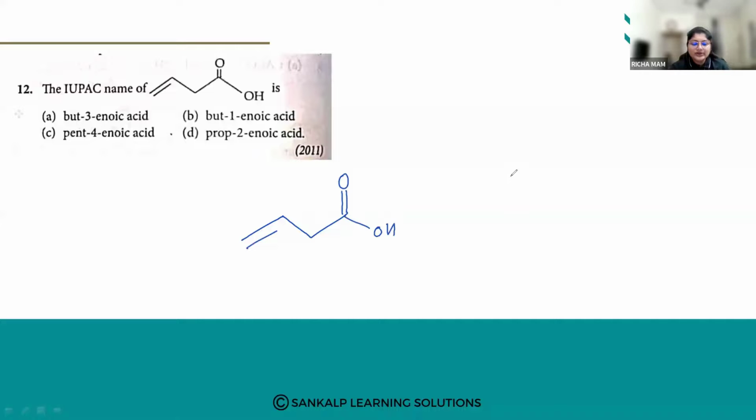How many carbons are there? No, this is not a carbon, so you have to start from this.